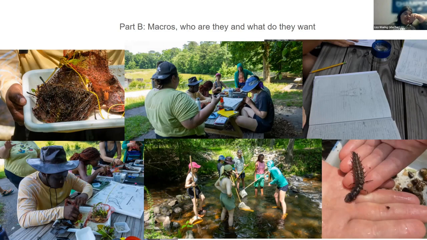And then the second part is macro inverts. Who are they? What do they want? Why are they here? So we collected our litter bags and took them up to some picnic tables again to sort through them.